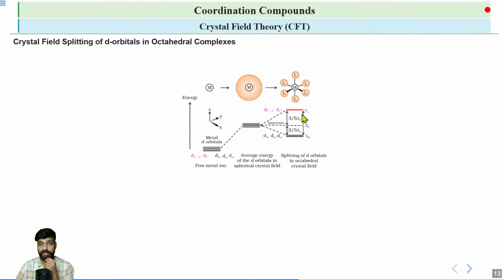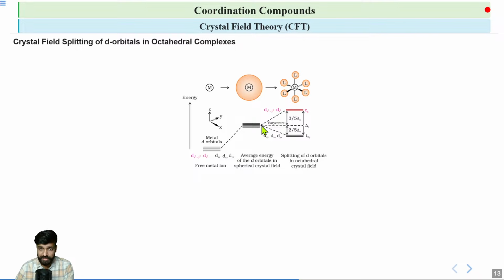If this is the total delta O, then this part, which is 3 by 5 delta O, is the increase for the Eg set of orbitals, which are your dx square minus y square and dz square. So the orbitals going up in energy are dx square minus y square and dz square, whereas the remaining 3, which are dxy, dyz and dxz, are going down by 2 by 5 delta O.